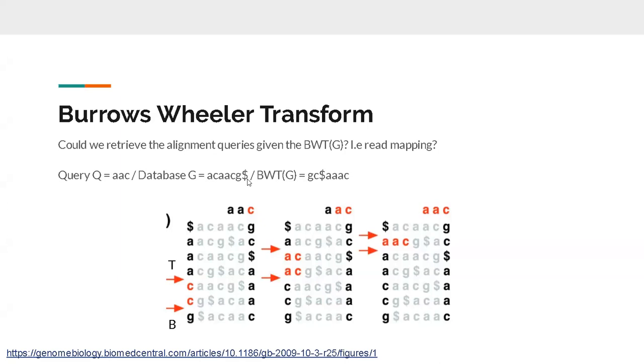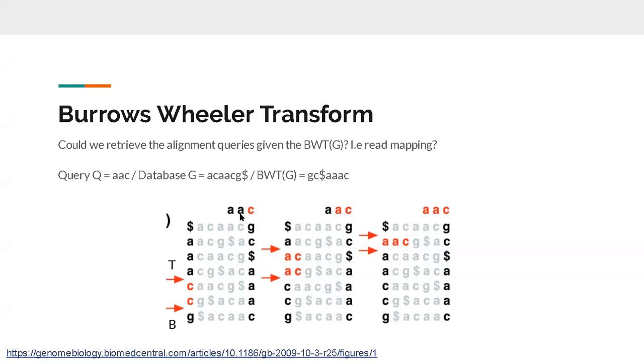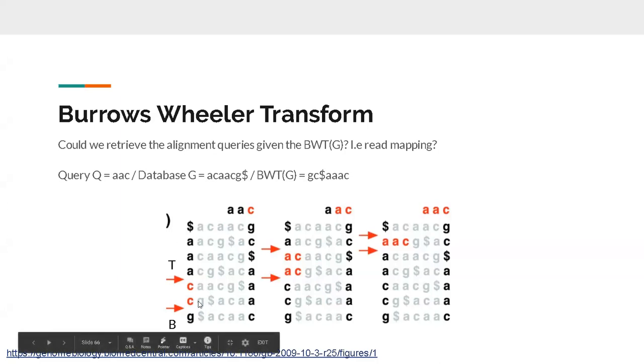So again, we will do the cheating first. We are coming back to the Burrows-Wheeler matrix, and we start from the 3' end of the read. So this is a read AAC. Let's say this is only 3 nucleotides long, and we want to search if this AAC is present in my genome.